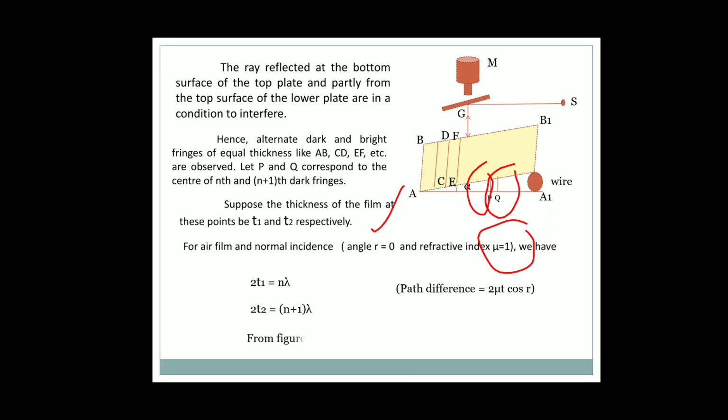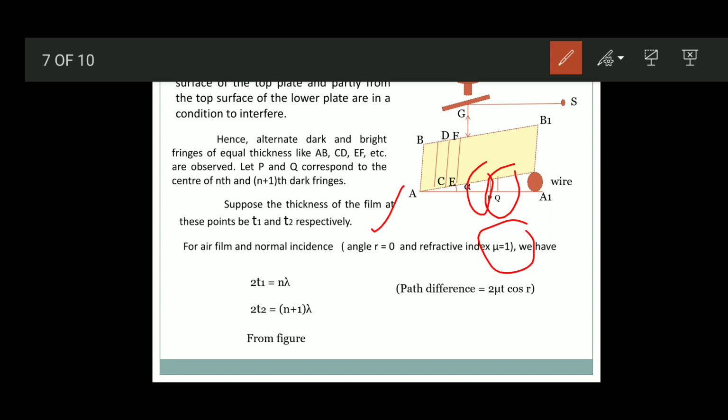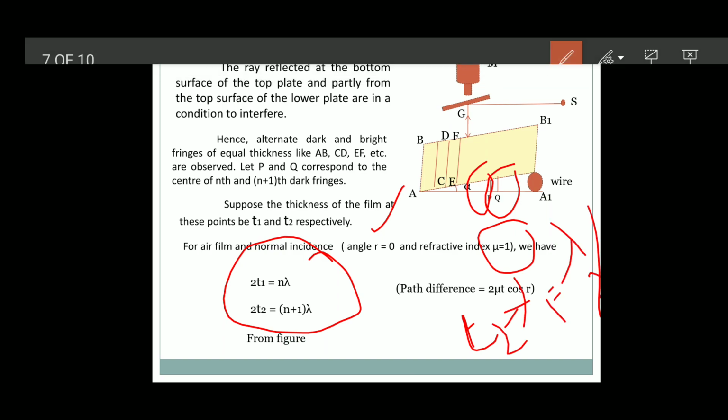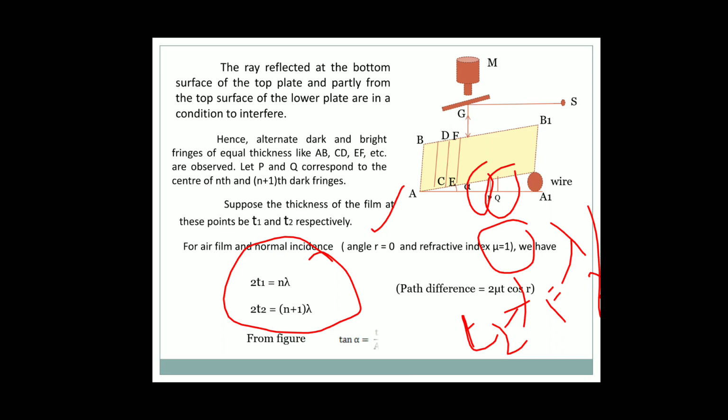Then from these two equations, T2 minus T1 is equal to lambda by 2. But from the above diagram, tan alpha is equal to T1 by AP, because we know tan theta is equal to opposite by adjacent.